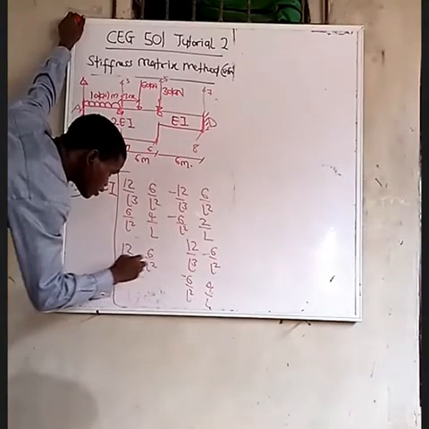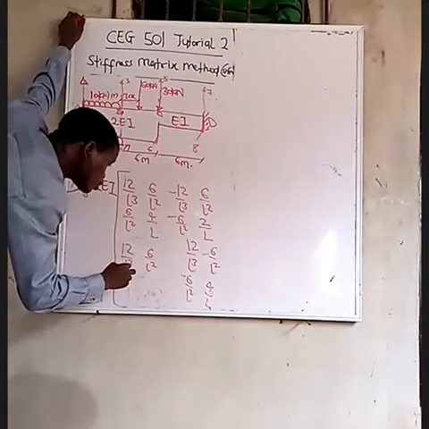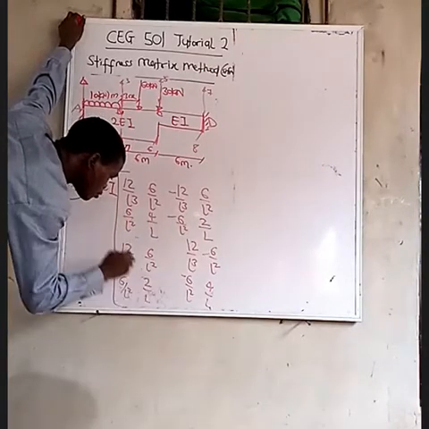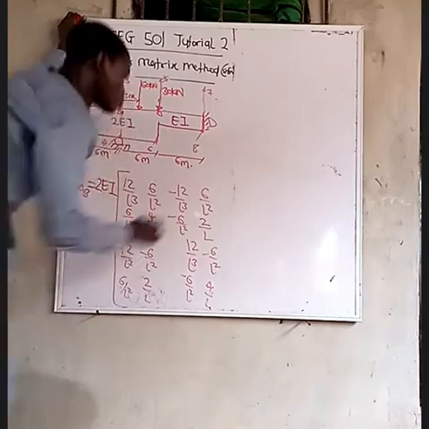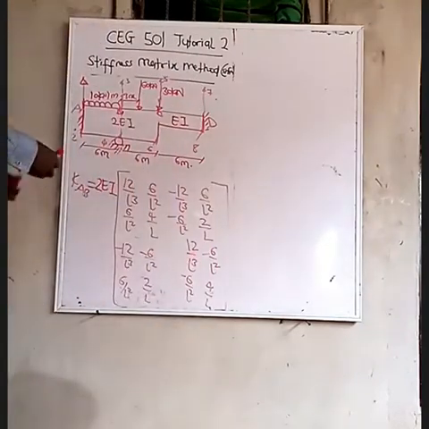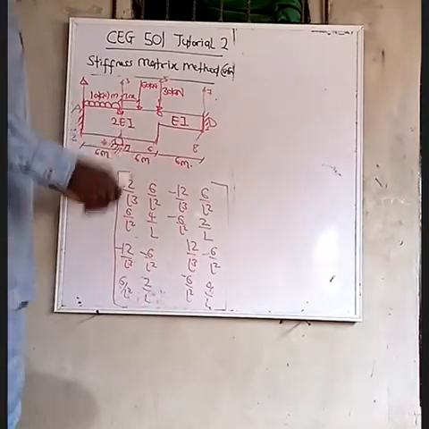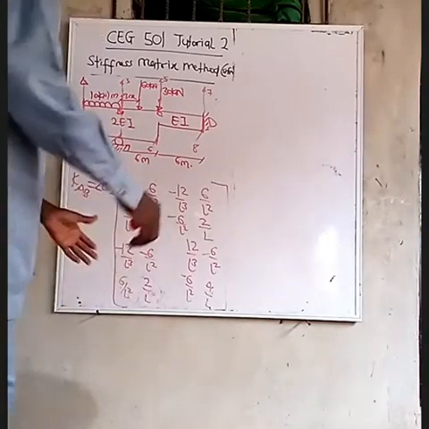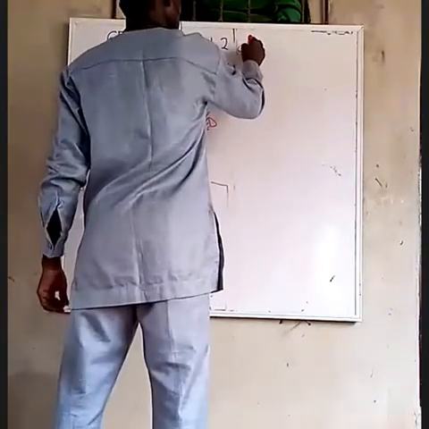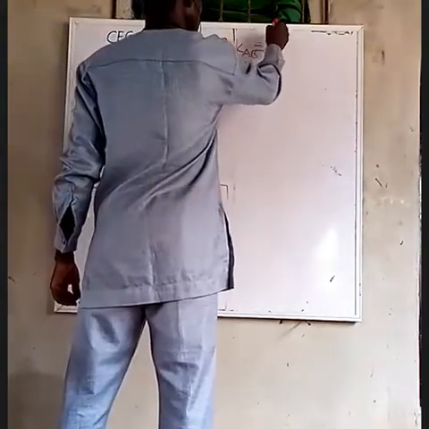Negate vertical. 12 over L cubed. 6 over L squared. 6 over L squared. 2 over L. Negate horizontal. So that's my way of remembering it. You can devise your own way. So that's that. So let's apply the formulas.